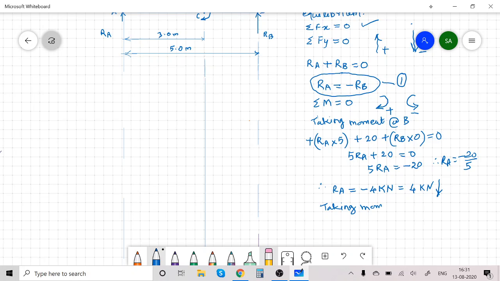Then taking moment about A. Here we calculate RA and RB separately, and then we will check whether the addition is according to equation number 1 or not.